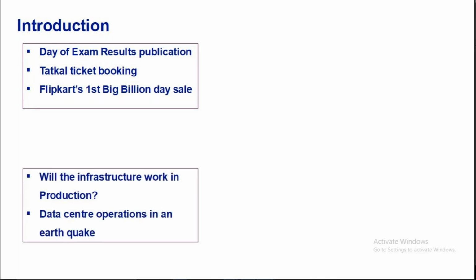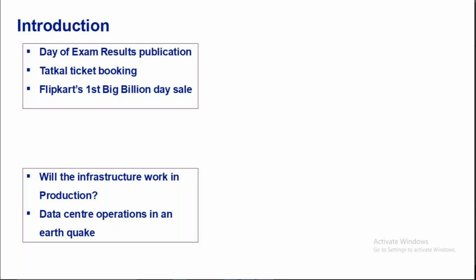Then two more pointers. Whatever infrastructure is going to production, whenever my application goes live, the application will be deployed on servers, and servers mean infrastructure. So whatever infrastructure has been designed by our solution architects in our projects, will that infrastructure work fine in production, or will there be any performance issues experienced in production?